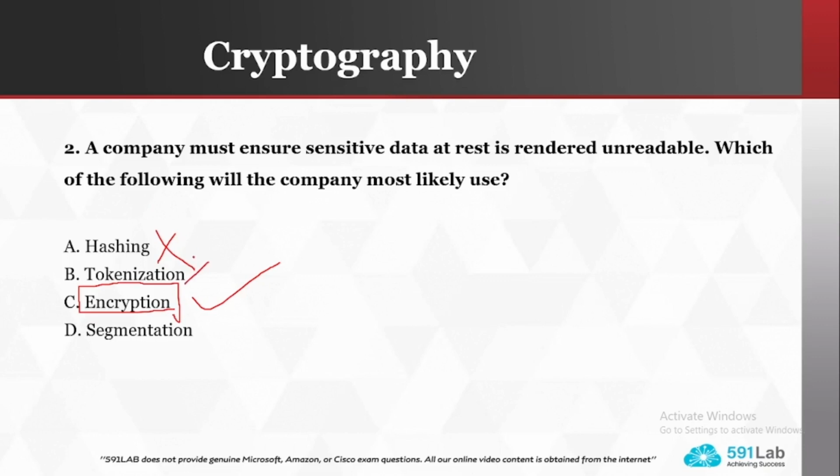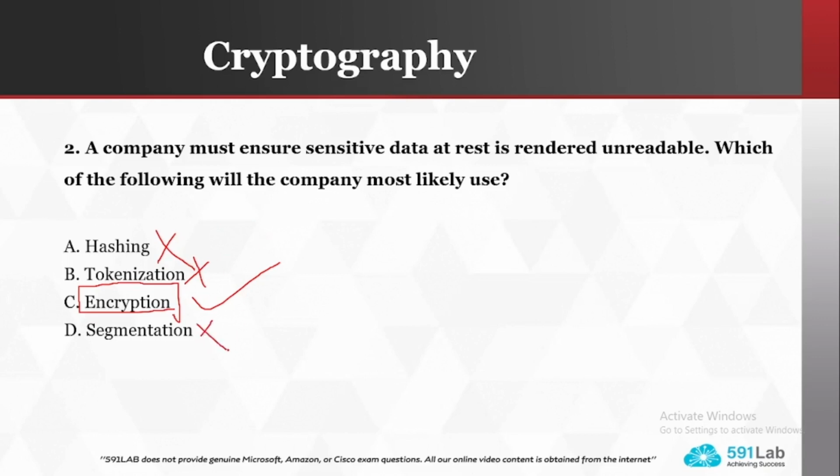Tokenization could not be the answer because this involves replacing sensitive data with a non-sensitive token, but it doesn't directly protect the original data itself. It's useful for reducing exposure during any transaction, like a banking transaction, but doesn't guarantee confidentiality if the token is compromised. So this doesn't guarantee confidentiality.